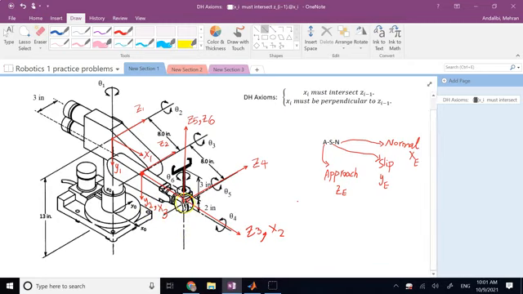And here, I'll go down like this and call this guy x number 4. And as you can see, it has a similar direction as x3 and y2. So between x3 and x4, there is not a ton of rotation that you need to do other than, of course, theta 4.